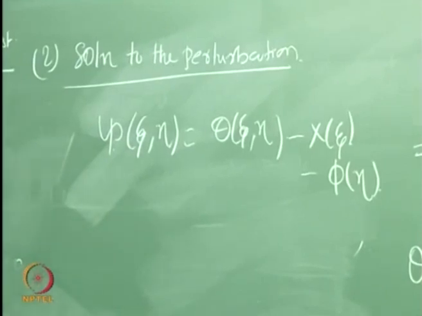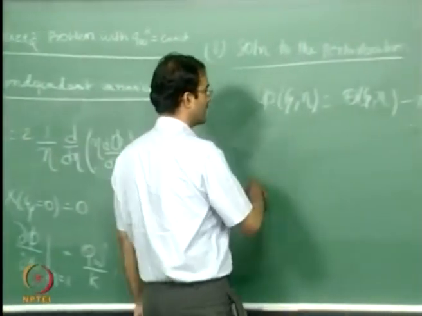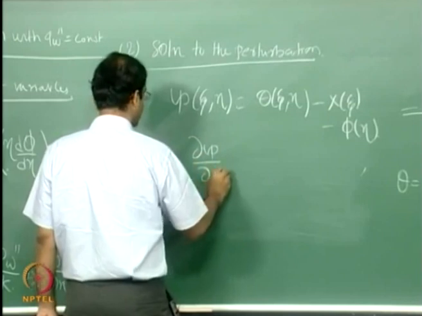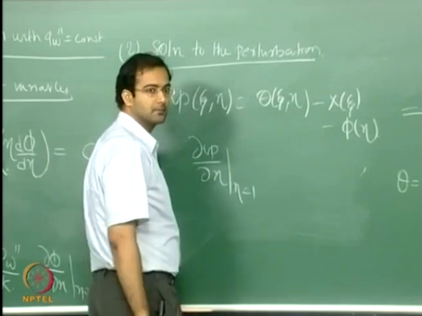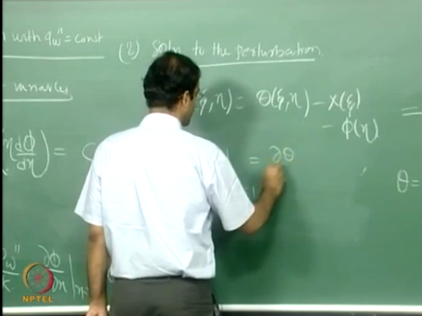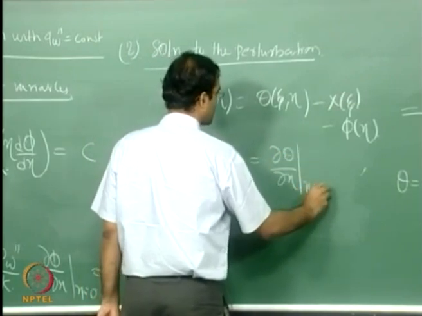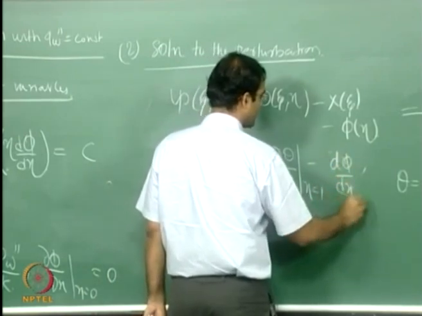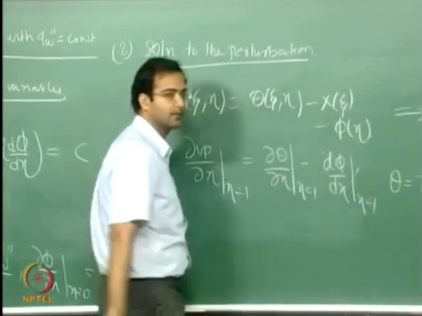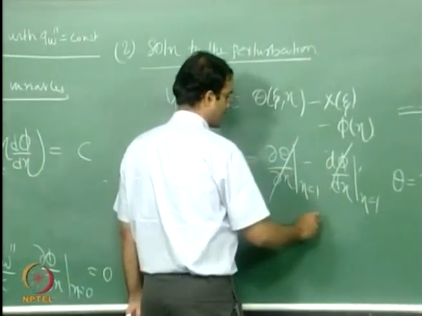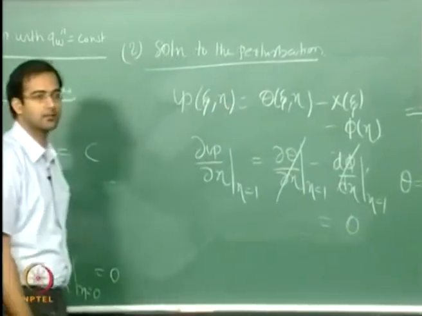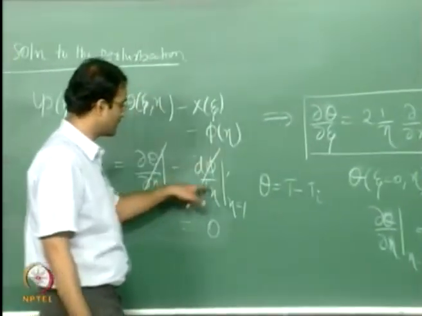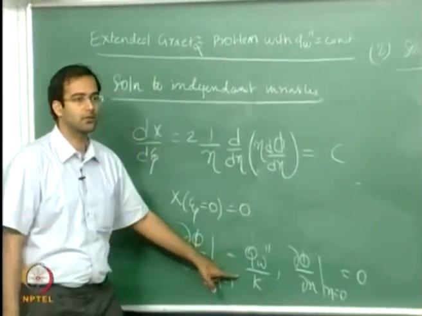Okay, so now corresponding to this, of course, when I look at d psi by d eta at eta equal to 1, this will be d theta by d eta at eta equal to 1 minus d phi by d eta at eta equal to 1. So both will cancel off. So therefore this will be 0, because your d theta by d eta is what? Q wall by k, and also d phi by d eta at eta equal to 1, you have forced it to be q wall by k.